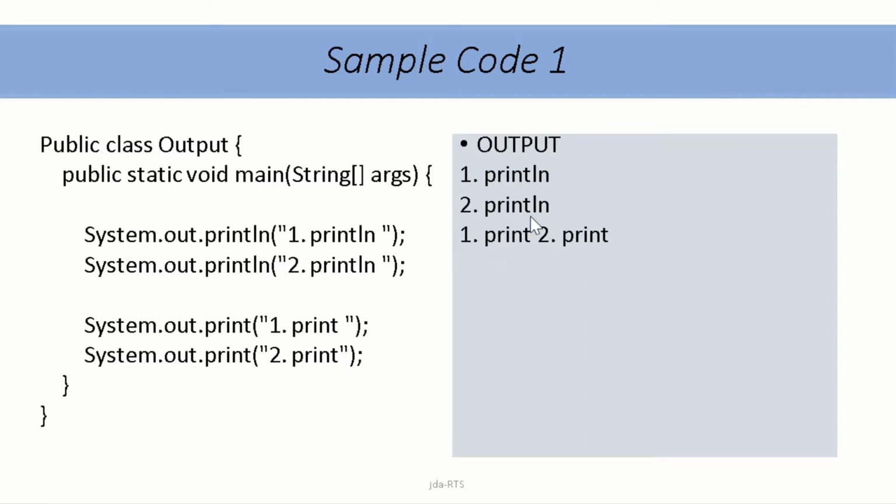See the difference? These two lines here are represented by this line of code, and they both jump to the next line, while this command is released using print, and you can see it is displayed straight. So that's the sample use of System.out.print, println, and print.